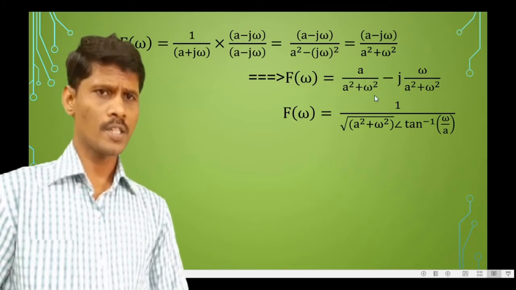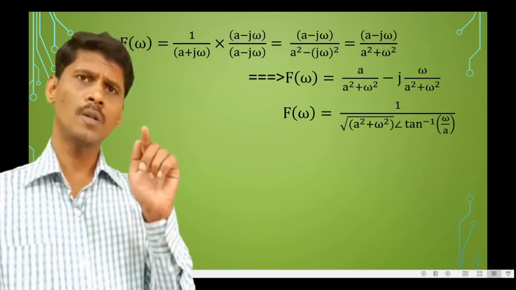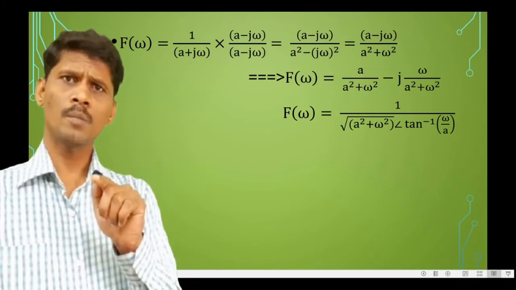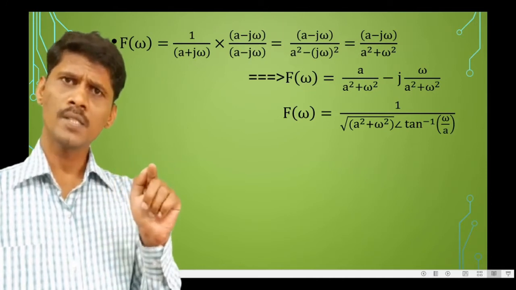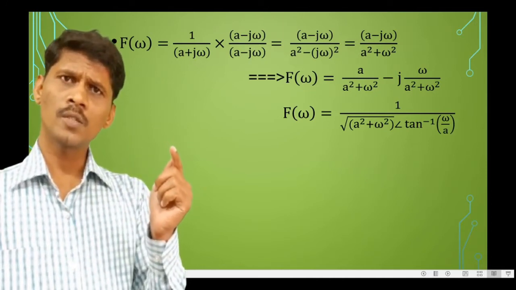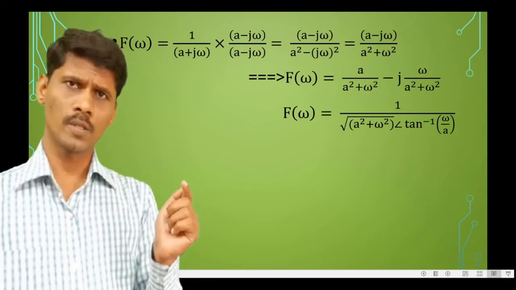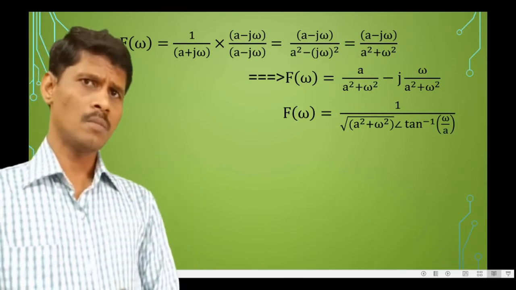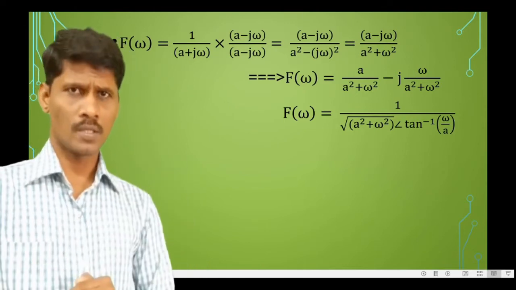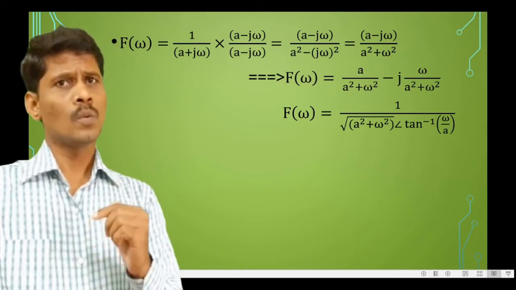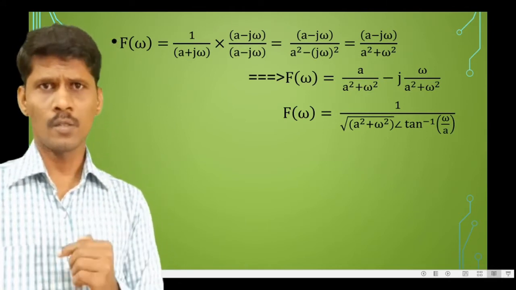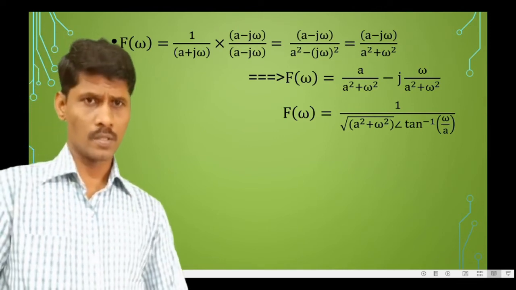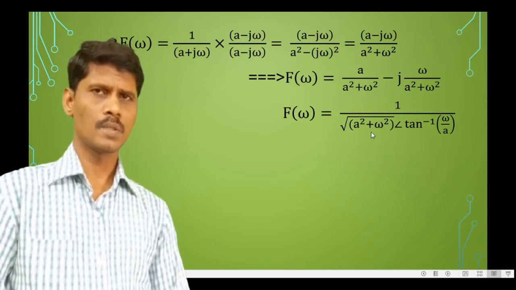So here the magnitude of f of omega is square root of real part a by a square plus omega square whole square, plus imaginary part minus omega by a square plus omega square whole square. What is the LCM? A square plus omega square whole square is the LCM. What is the numerator part? A square plus omega square. So numerator and denominator, one a square plus omega square is cancelled. And what is the remaining term? Under root of a square plus omega square. That is this one.